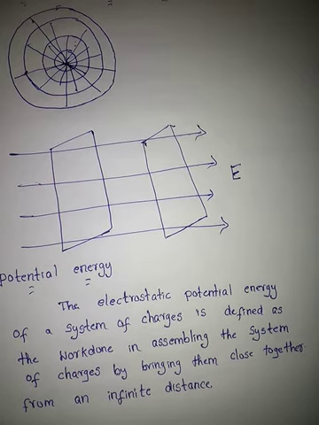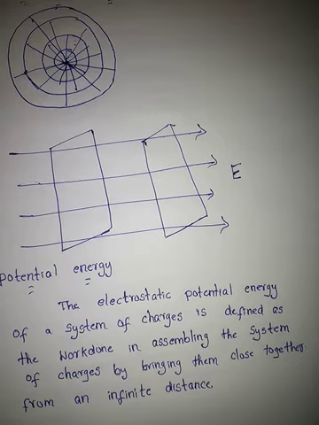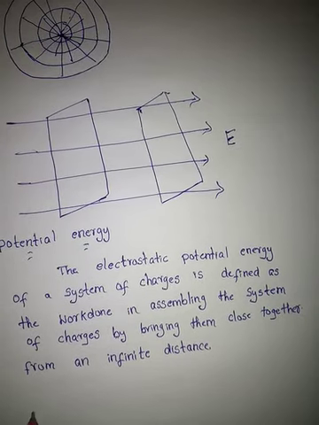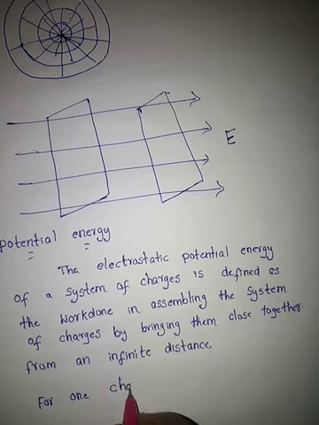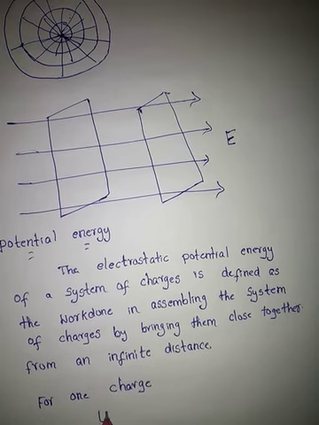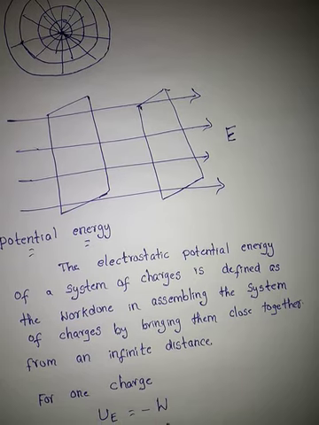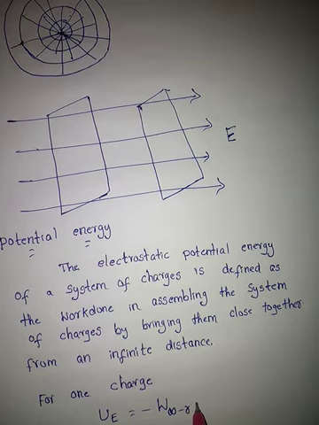If you want to write for one charge, what happens? It is defined as nothing but the amount of work done to bring the charge against the electric field. So for one charge we can write the electrostatic potential energy as equal to the work done from infinity to r, that is equal to what?